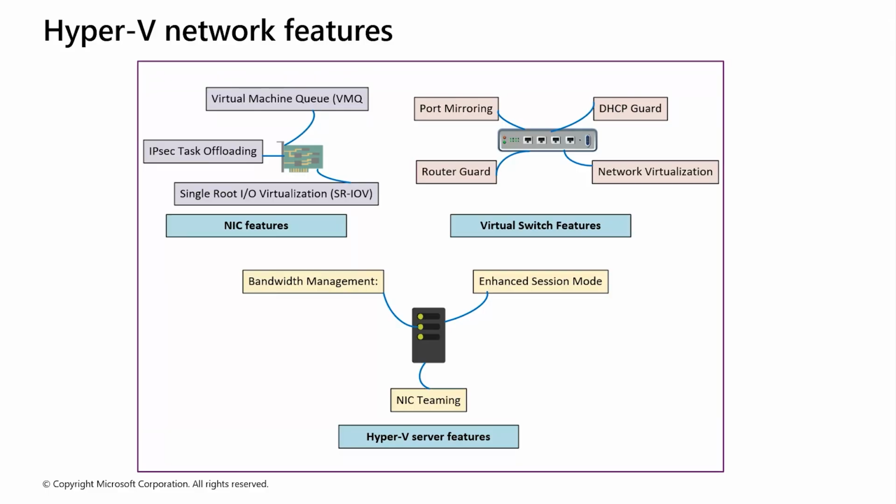Hyper-V networking offers a range of advanced features designed to improve both performance and security. Bandwidth management enables you to specify minimum and maximum bandwidth settings for each virtual machine's network adapter, ensuring efficient network resource allocation.